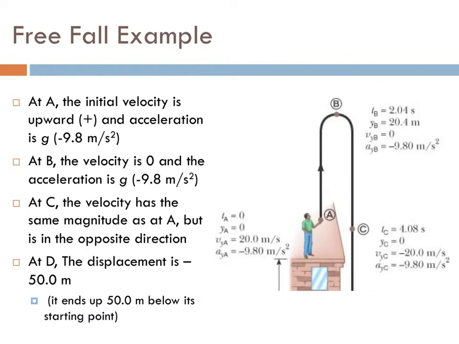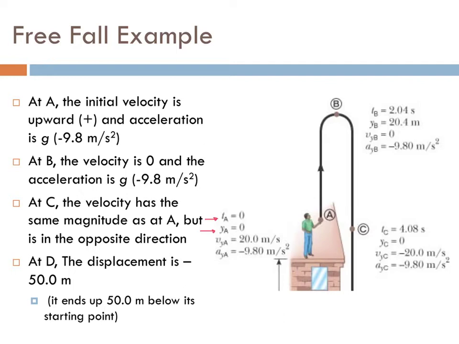Here at position A, we are starting with an initial position of 0 meters. This is also telling us where we begin. Again, when time is equal to 0 is when we begin. We have a velocity in the y direction at point A of 20 meters per second.